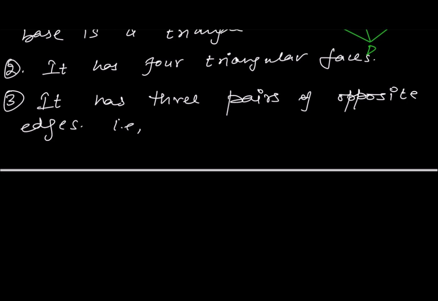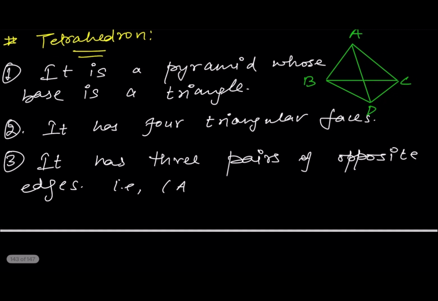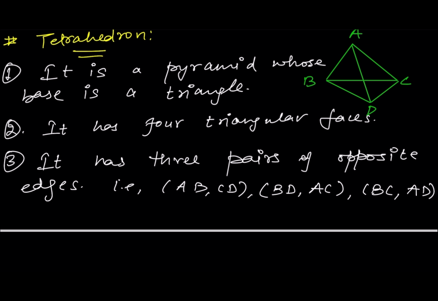That is, opposite edges are in this case AB, CD and BD, AC and BC, AD. Right?